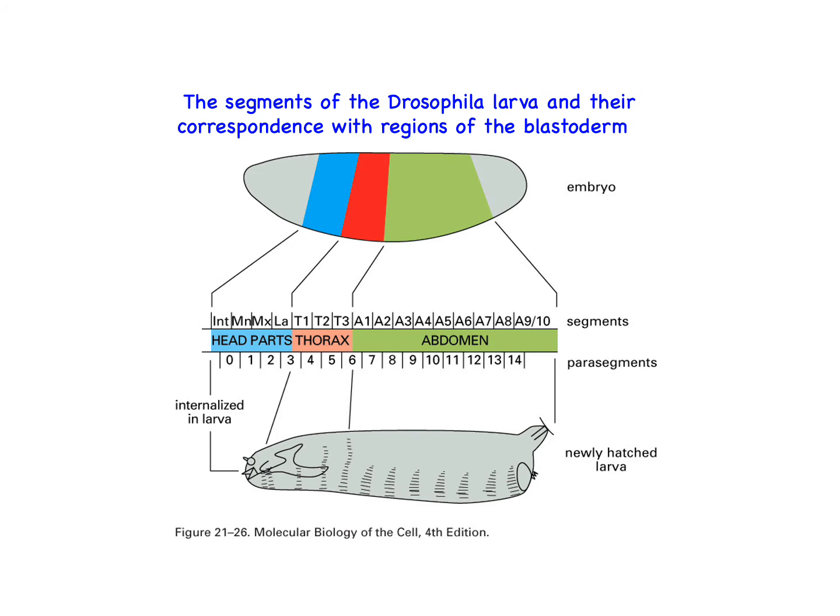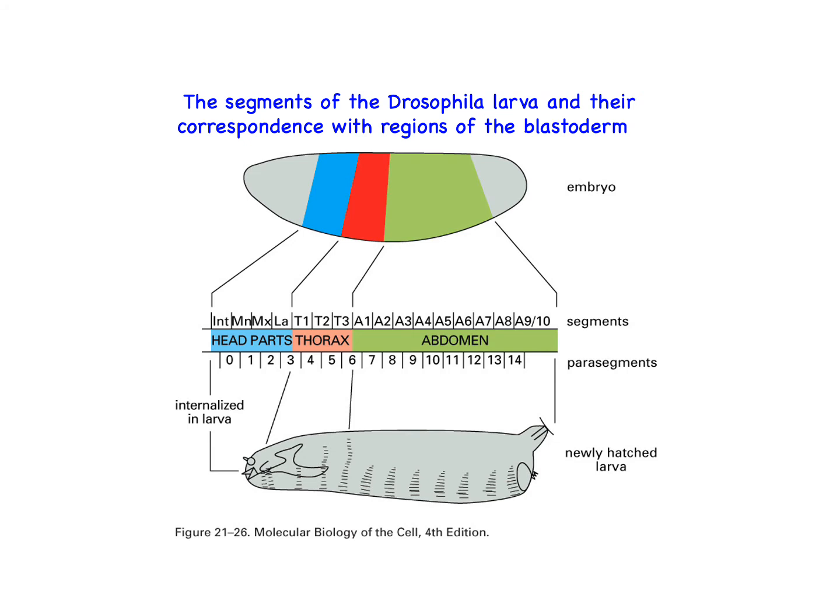And Drosophila, like most complex organisms, is a segmented organism, and we can divide it into these different segments. And so shown at the top is the embryo, showing the head segments shown in blue, the thoracic segments shown in red, and then the abdominal segments shown in green.